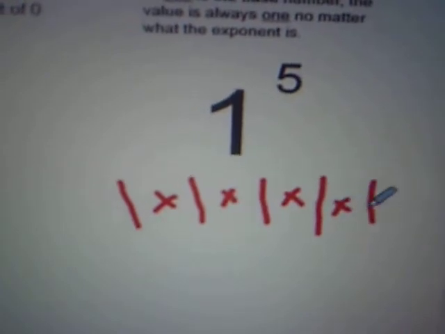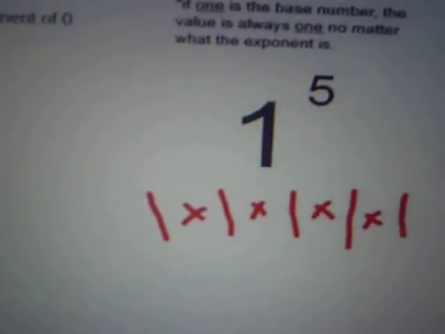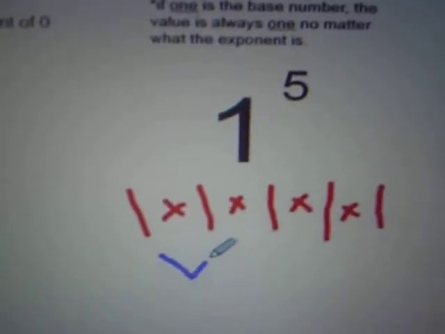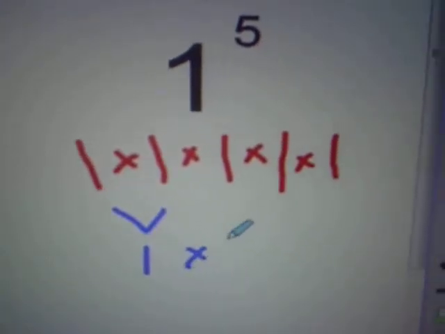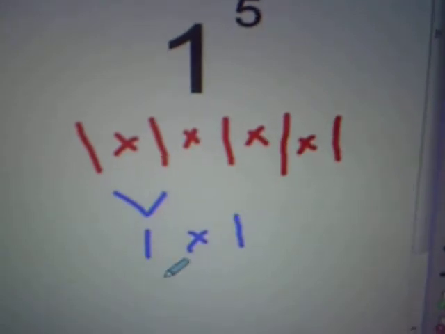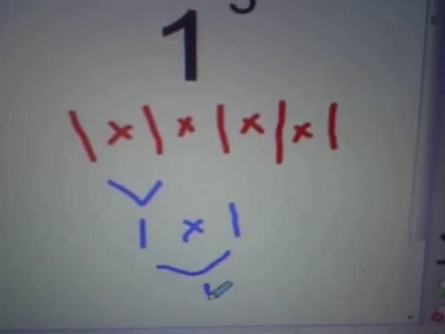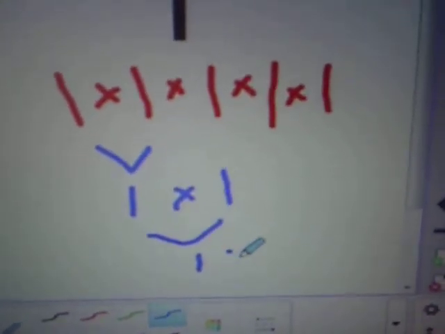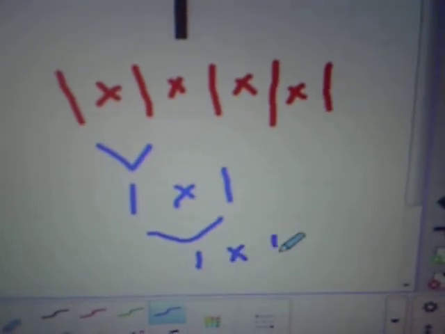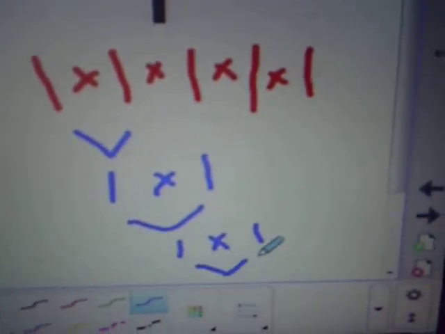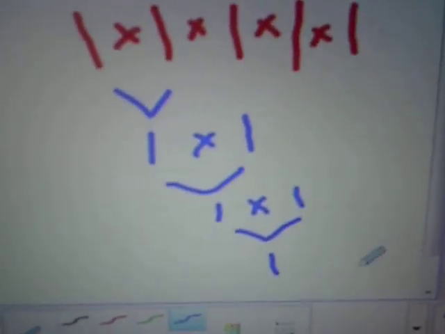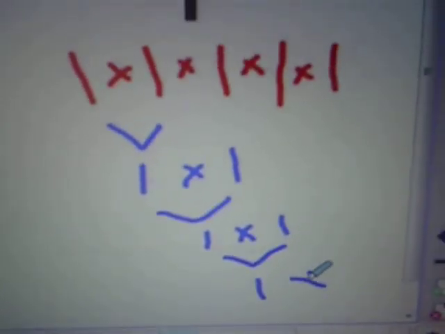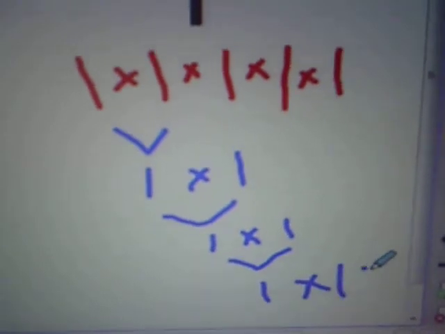All these 1's multiplied together stay the same. So 1 times 1 is 1. Times another 1 results in 1. Times that by another 1, and you get 1. And then times that by the last 1, and you still get 1.